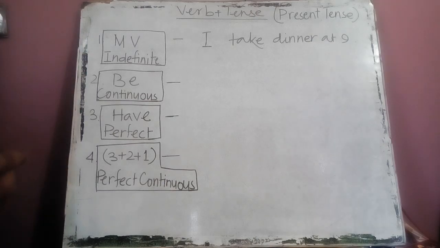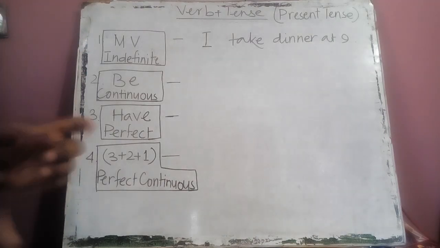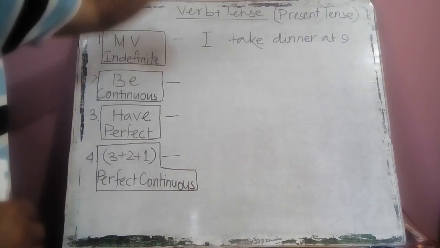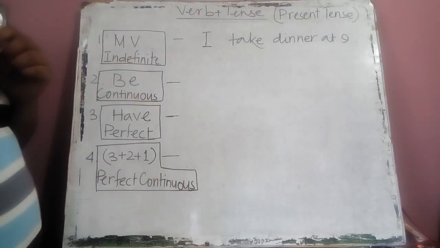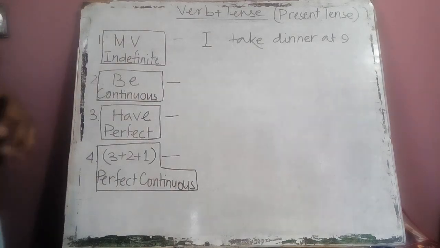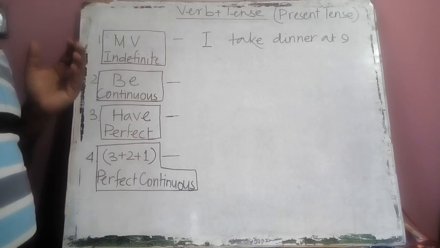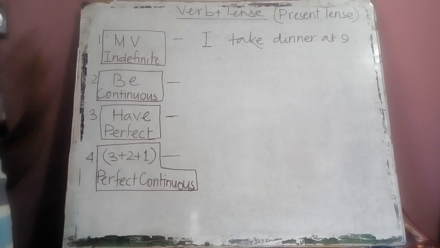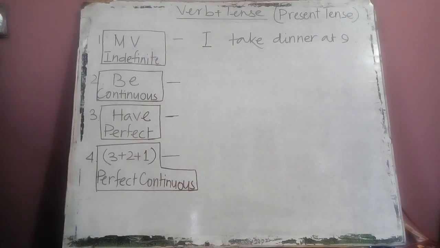Why is it called indefinite? See here, I take dinner at 9. It tells us that it's a time, a routine, and you always take dinner at 9. So it suggests repetition. Repetition means you have been repeating the same action a number of times, doing it since long, since your childhood, since your early days.